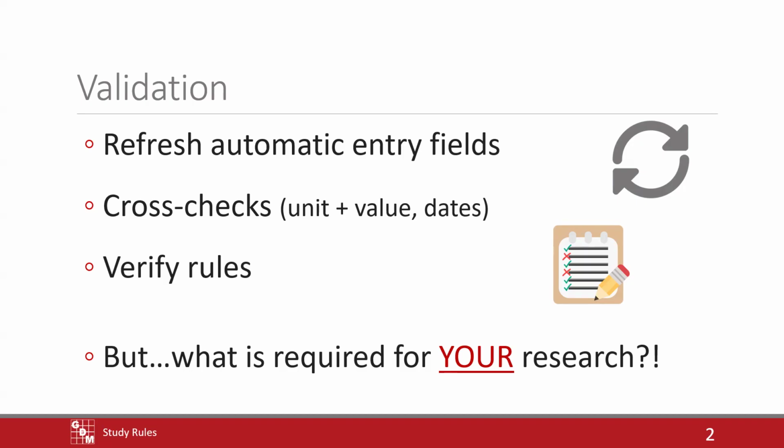Or if I don't have a crop stage when I do an assessment, it's no good at all. I need to have that for every assessment. Whatever it is that's specific to your research, ARM doesn't know that by default. So in order to teach ARM to check the things that we actually really care about for a particular study, that's where the study rules come in.